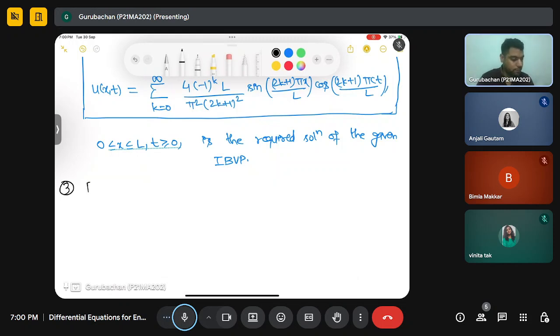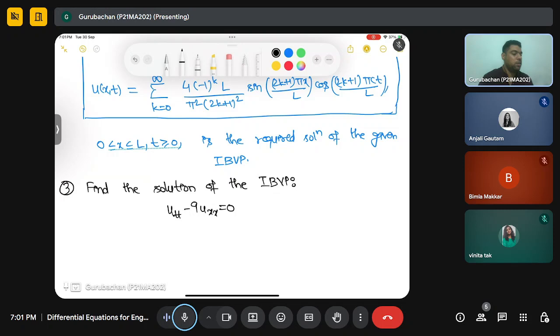So find the solution of the initial boundary value problem, which is u_tt minus 9 times u_xx.